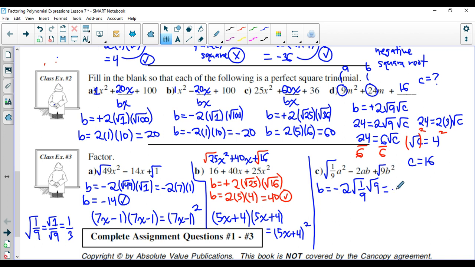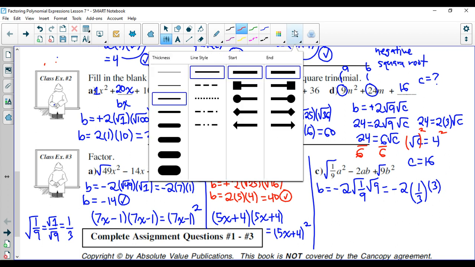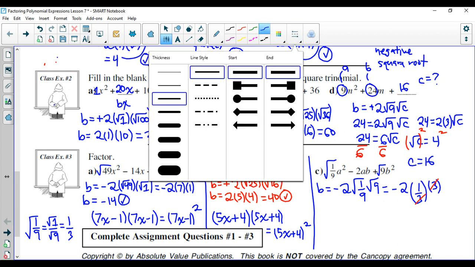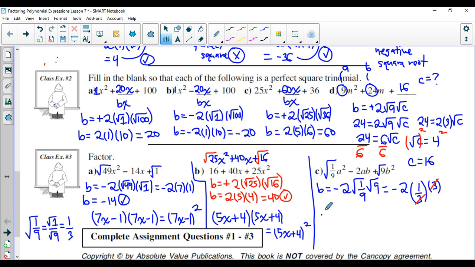So this would be negative 2 multiplied by 1 over 3, because that's the square root of 1 over 9, multiplied by 3. Now, when you're combining these, the 3 on the top and the 3 on the bottom would cancel off. So you would then just be left with b equal to negative 2. And because it matches up with this here, then you're all good. So you can put a check mark here.